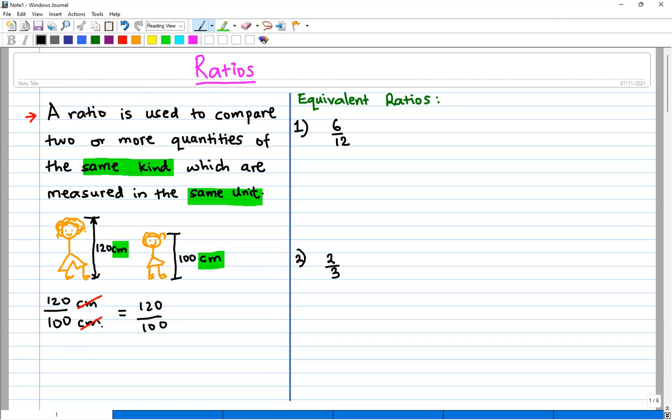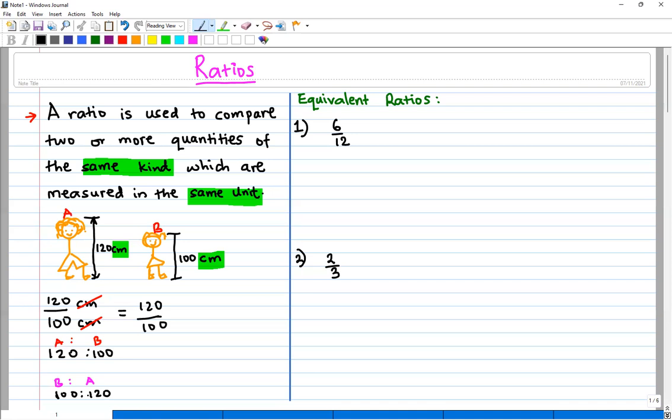Now, to write this as a ratio, we will say that it is 120 to 100. Now, if this student is A and this student is B, so we say that the ratio of A to B is 120 to 100. But the ratio of B to A will be 100 to 120.